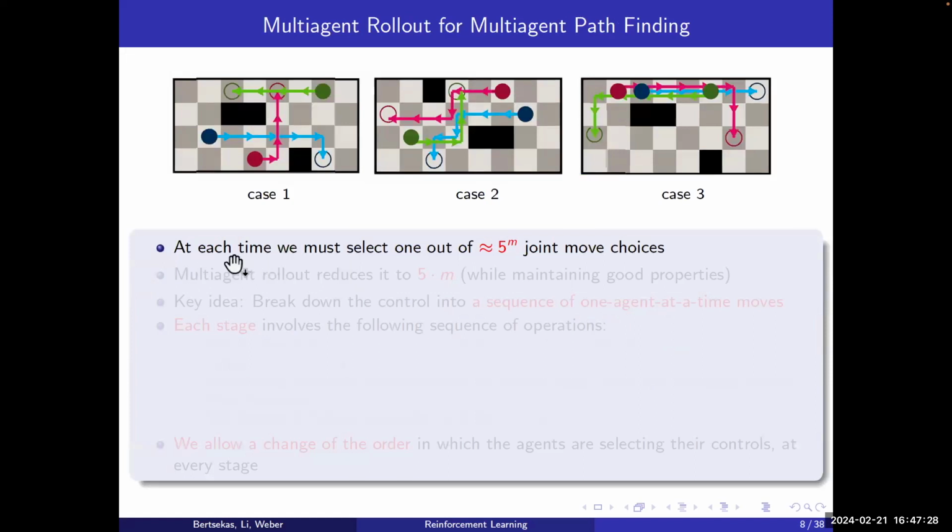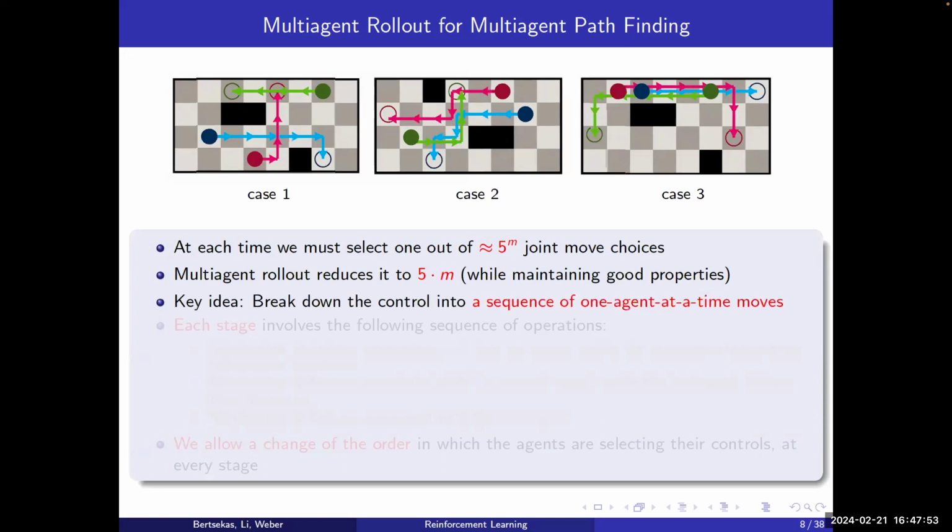As I mentioned earlier, at each time, we must select one out of at most 5 to the power m joint moves. We'll show shortly, multi-agent rollout reduces the amount of search space to 5 times m while maintaining good properties.